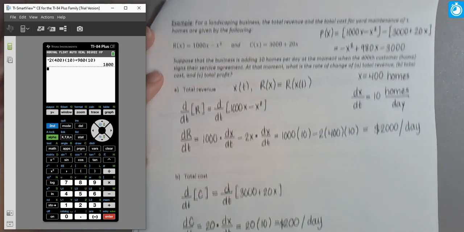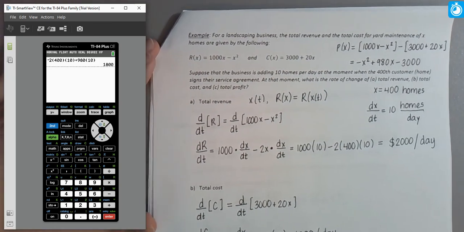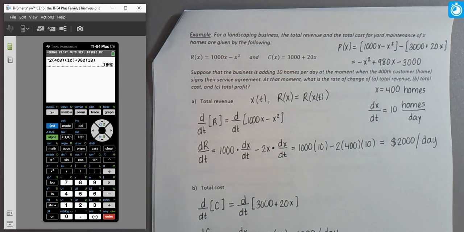So it kind of depends on the situation, what approach you take, but ultimately the biggest thing to remember is we're talking about how our two key variables are additionally related to a third variable, typically representing time. So whenever we differentiate with respect to time, we have to take into account that our variables are not just variables, they're functions of time, and so we multiply by that derivative with respect to time.